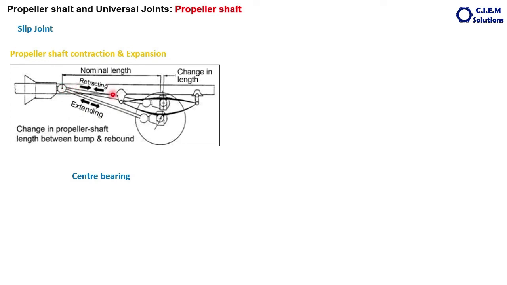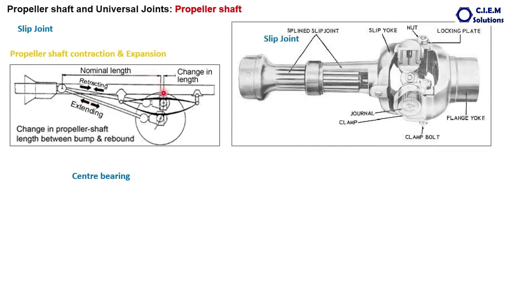It's only through again having a kind of slip joint which keeps altering the length of the propeller shaft. So to accommodate the change in the distance, continuously the length of the propeller shaft also should be changing depending upon the driving conditions. How is the change in the length of the propeller shaft possible? Only through this kind of slip joint.